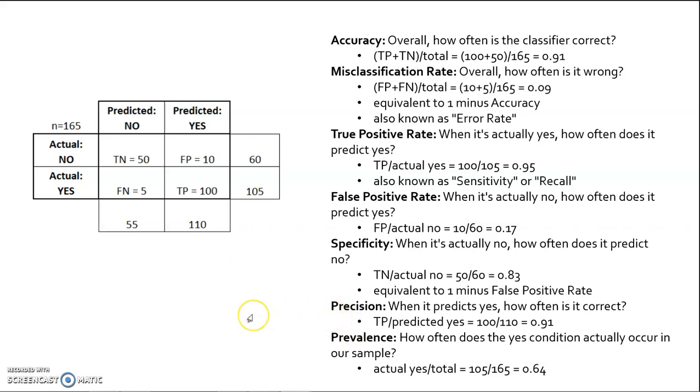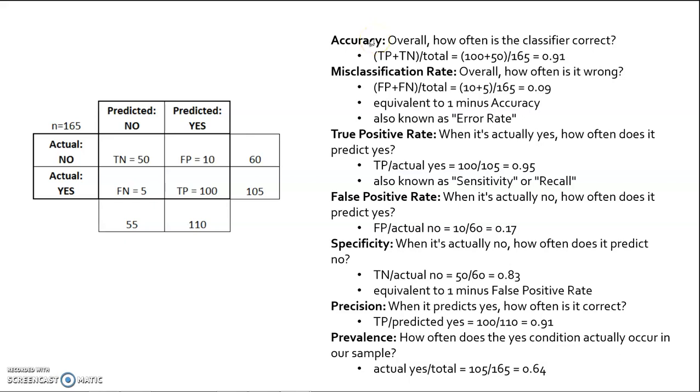The predicted yes will come from all of our predictions, even though our prediction can also be incorrect, like in the case of false positive. So from all of our perception of what is positive, how many is actually positive? We want to know the precision of our prediction.